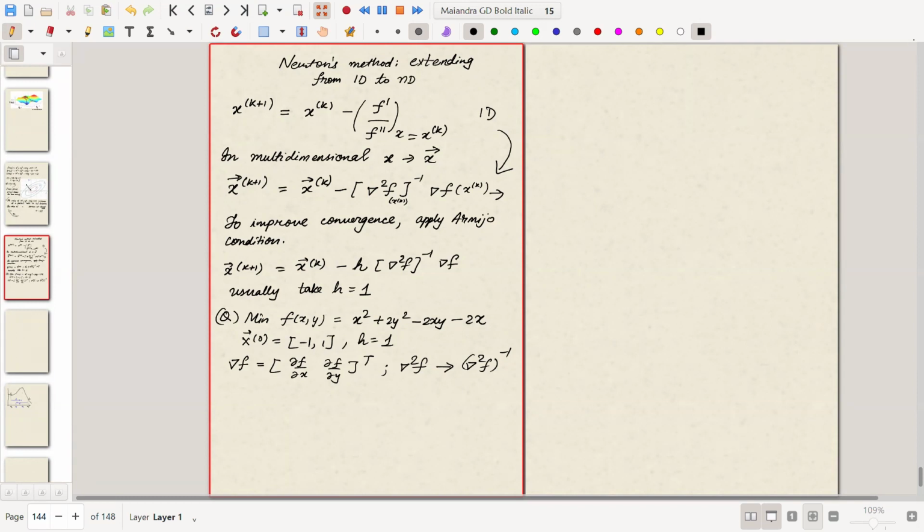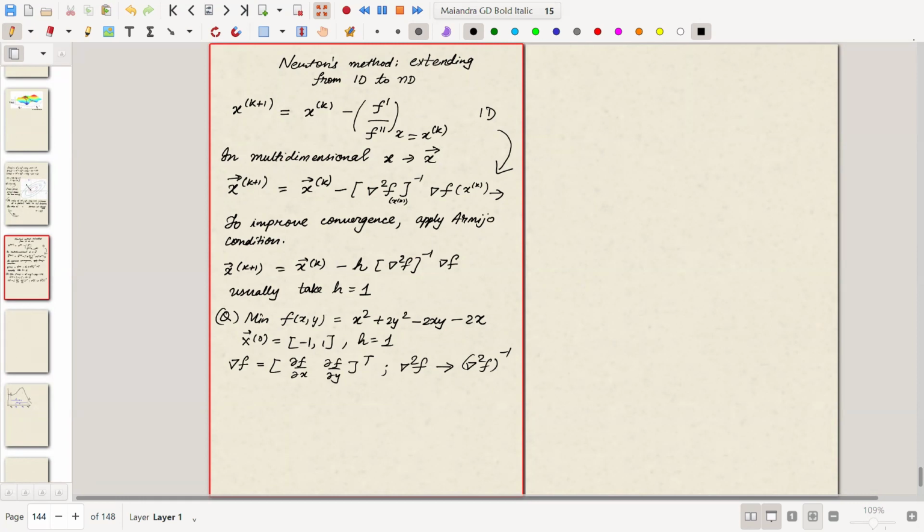This is where you should exercise. Del 2f can't be a scalar, right? Because the gradient is itself a vector, a column vector: dou f by dou x, dou f by dou y, 2 rows, 1 column. Del 2f is also known as the Hessian.